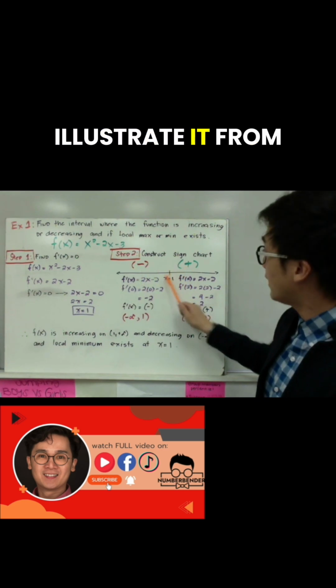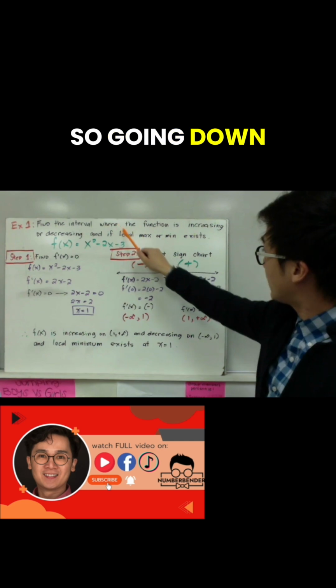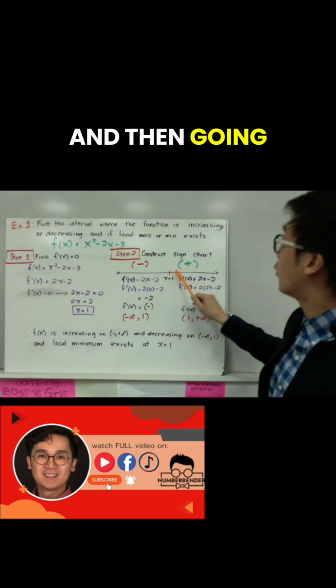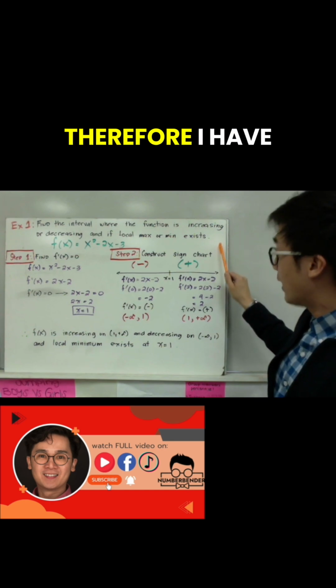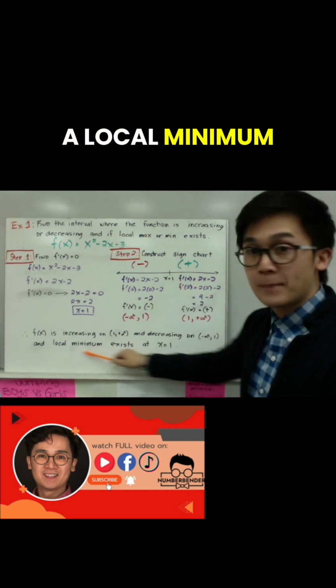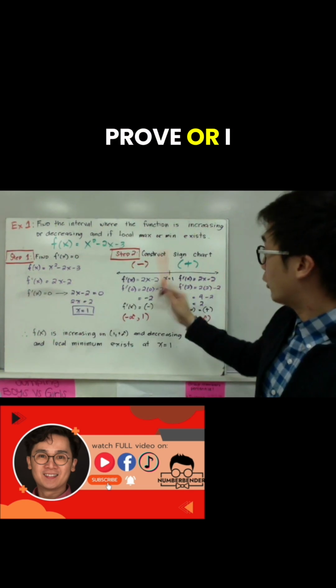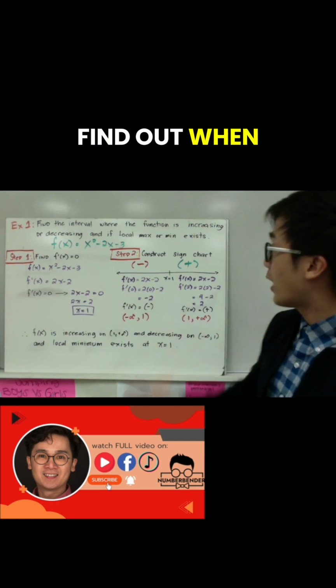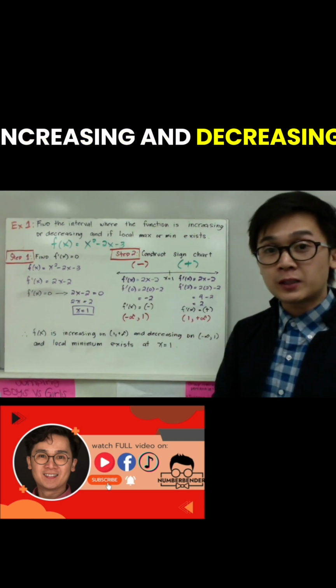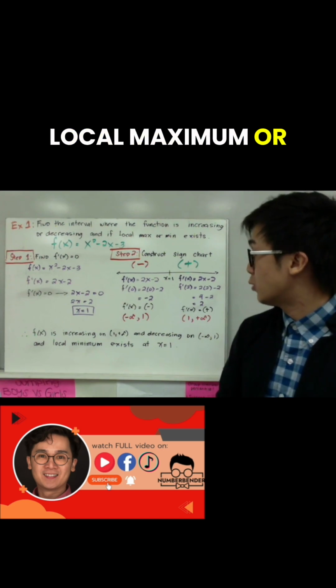So if you illustrate it, going down and then going up at x equal to 1, I have a local minimum. Therefore, I was able to find when the function is increasing and decreasing, and whether a local maximum or minimum exists.